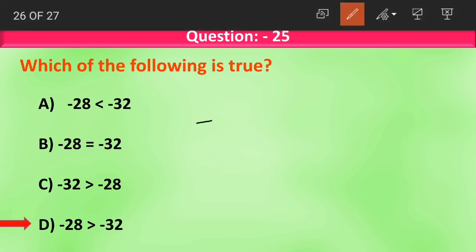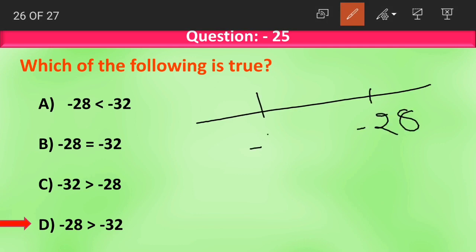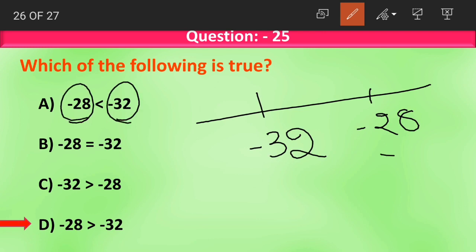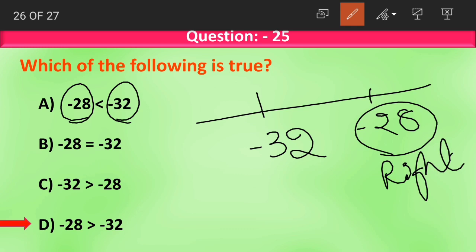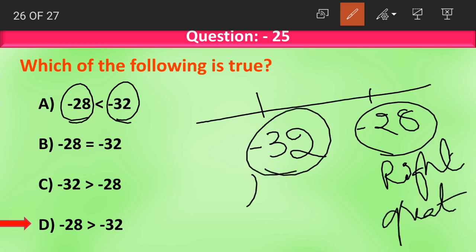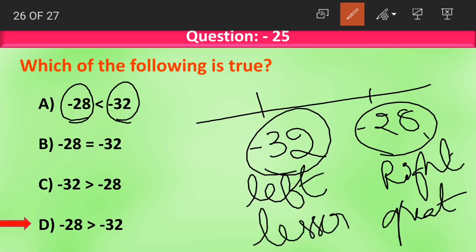What should we do here? First we'll draw a number line and we'll place both the integers on it. What are the integers here? -28 and -32. So we'll place both the integers on the number line. Now -28 is on the right side, so this will be the greater number. -32 is on the left side, so this is the lesser or smaller number.